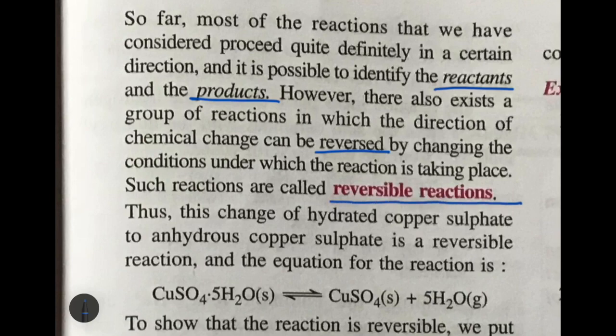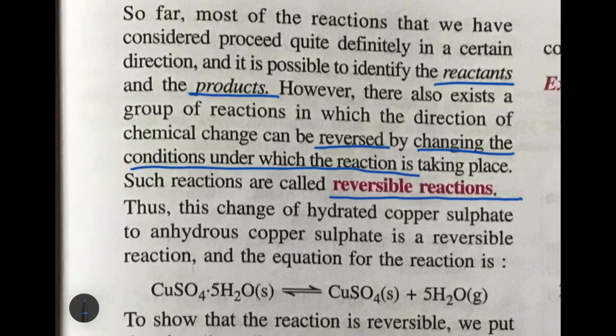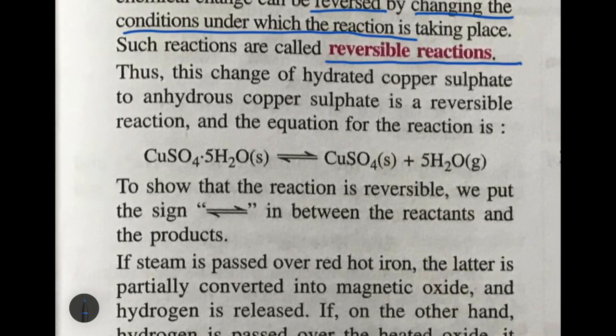And when does the reversible reaction take place? When we change the conditions under which the reaction is taking place. The change I already told you, when we change hydrated copper sulfate by heating into copper sulfate and water, this sign tells you it is a reversible reaction.